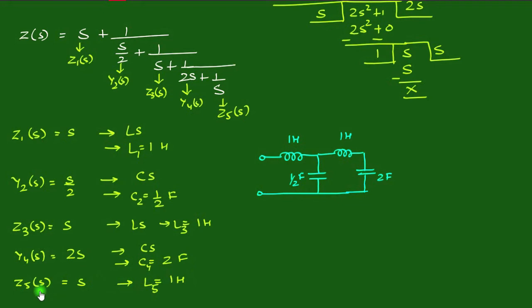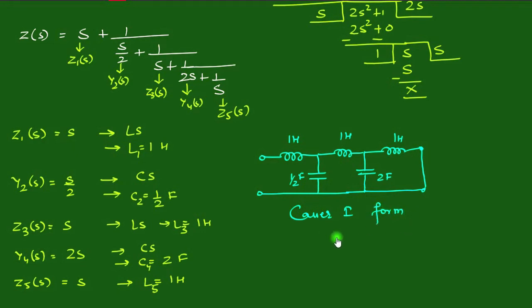And the last element is an inductor which is s, that is impedance. So connecting this inductor of 1 Henry here and completing the circuit like this, this is the required Cauer I form of the given network function.